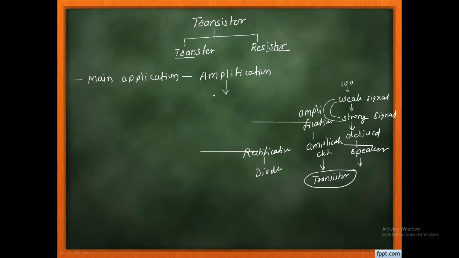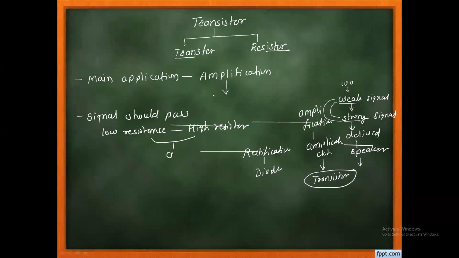Now, to convert a weak signal into a strong signal, the required thing is that the signal should pass from low resistance to high resistance. If the signal is passed through a low resistance path to a high resistance path, then the signal will be amplified. This is the required thing for amplification.